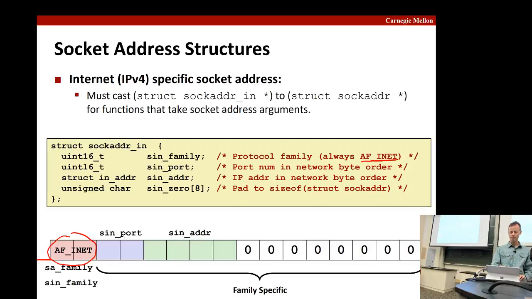There's a port field, which is the port number in network byte order. There's the IP address in network byte order, and then since for this protocol that's all the bytes we needed, it's just padding after that. So to get from the generic to the specific, you have to do casting from one to the other.